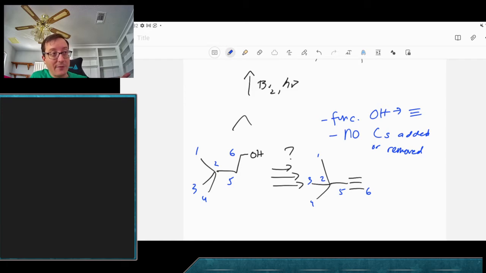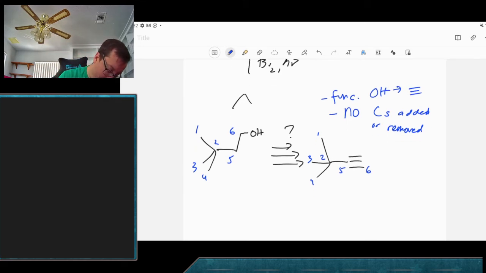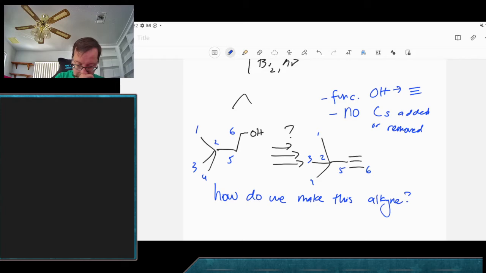And so we have to look at this product and say, how do we make the product? And if we want to think about alkynes, the only way for us to make them is to eliminate.